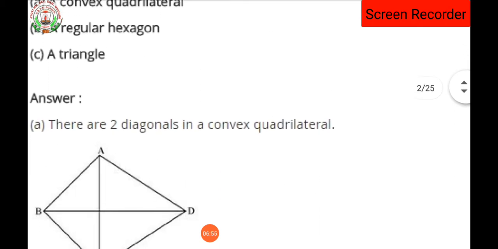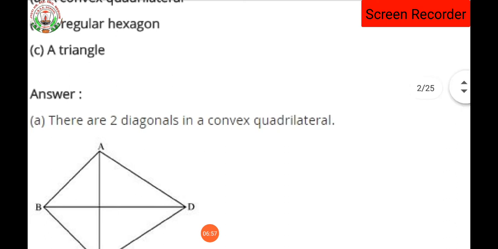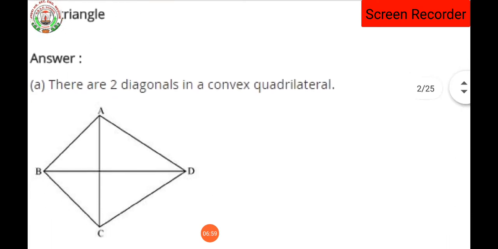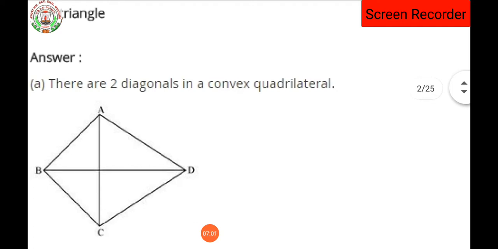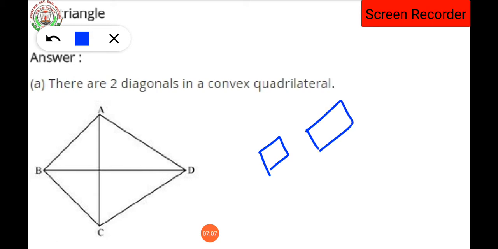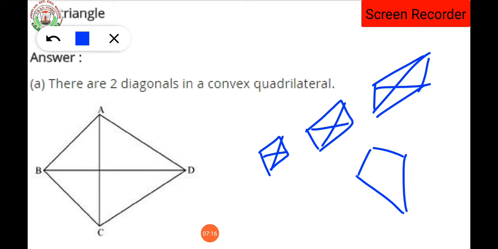Okay, so there are 2 diagonals in a convex quadrilateral. Clear everyone? Everybody can see what a convex quadrilateral is. Suppose we are having a square or a rectangle or a parallelogram. All these figures have how many diagonals? Only 2 diagonals. If we are talking about a kite, this one is also a convex quadrilateral.